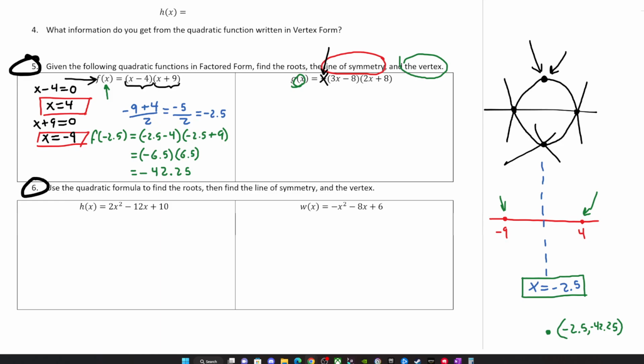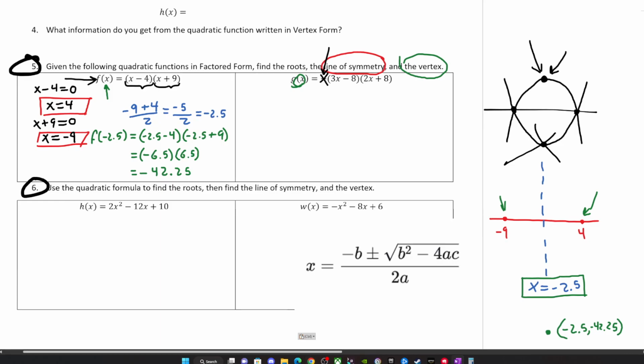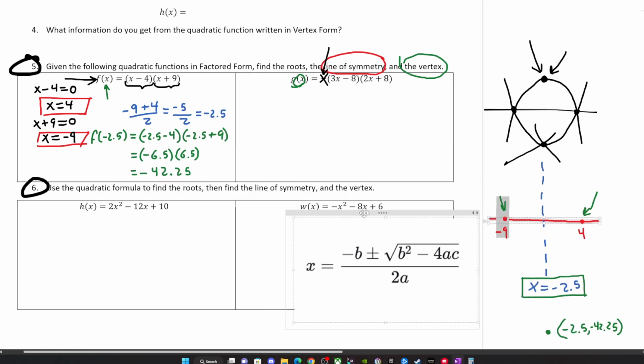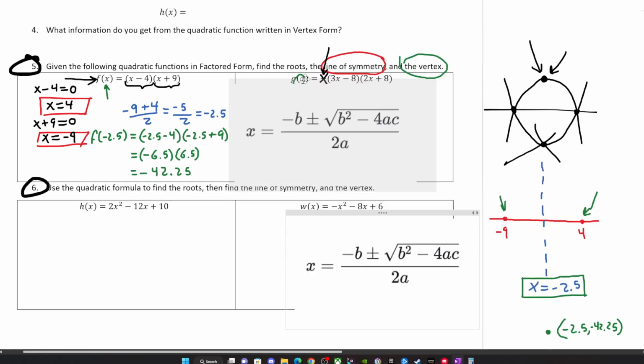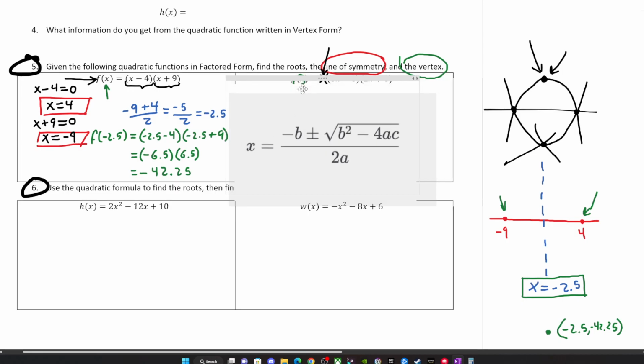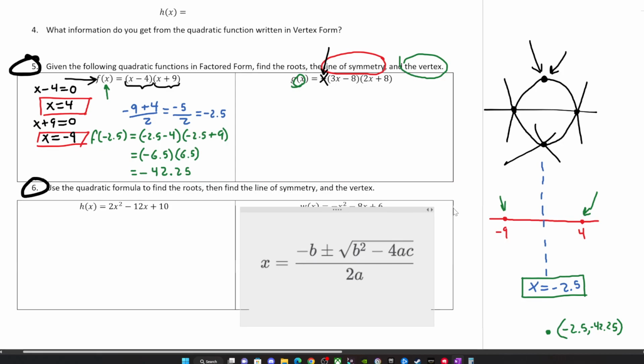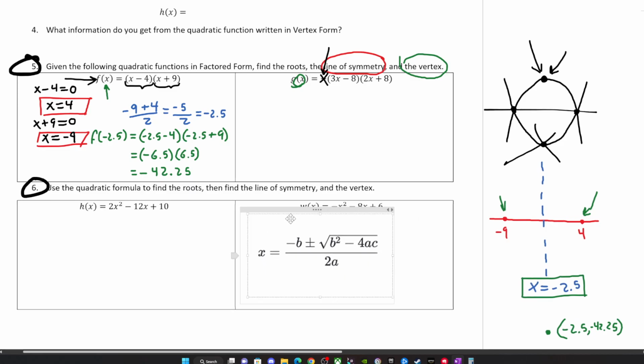So the quadratic formula is right here. Let's place it right here just for a minute, to help me solve these problems. Then I'll take it away.